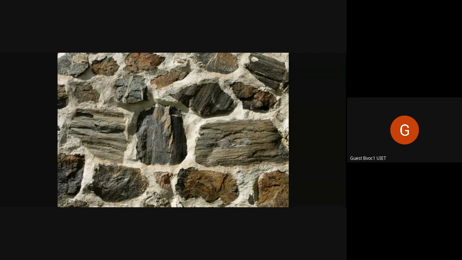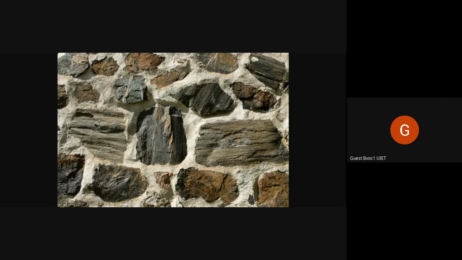And like we discussed in the previous topic, any structure or any building can be of two types. One is a load bearing structure, in which all the load of the slab, the floors above, and everything rests on the walls, and walls transfer the load to the foundation, and foundation transfers the load to the earth.